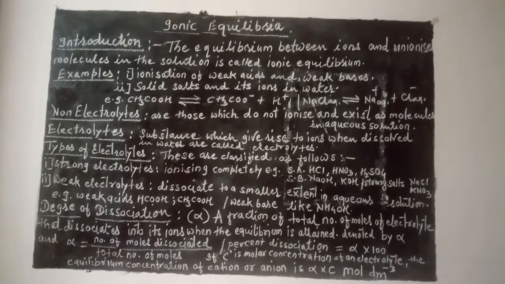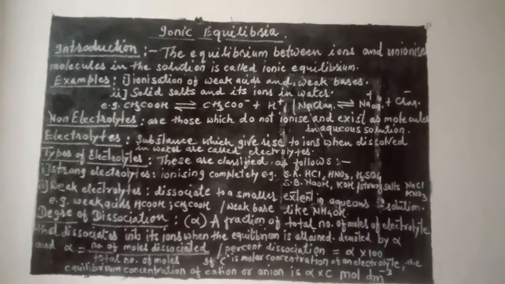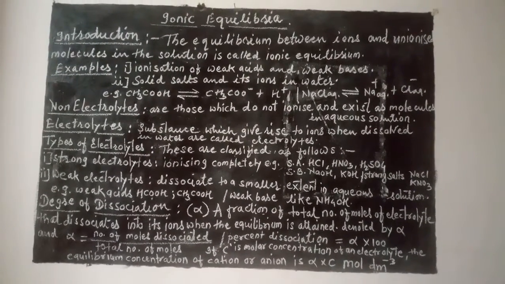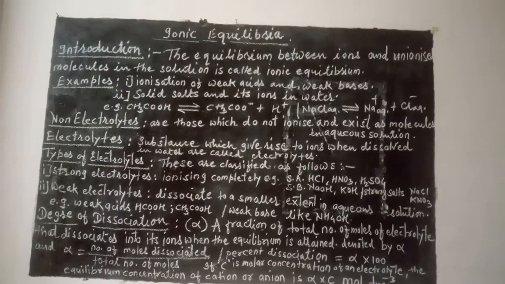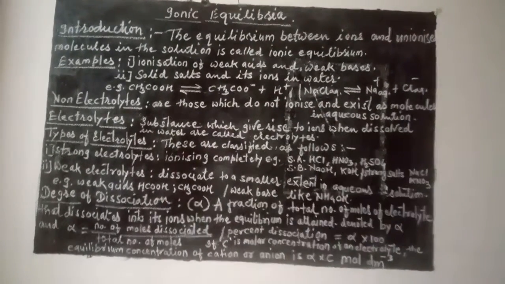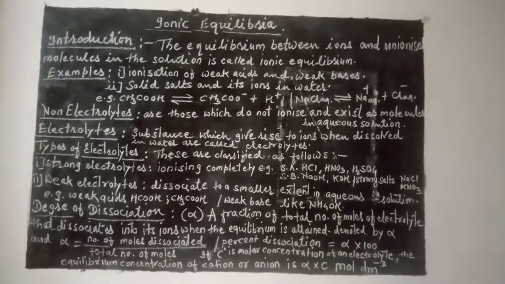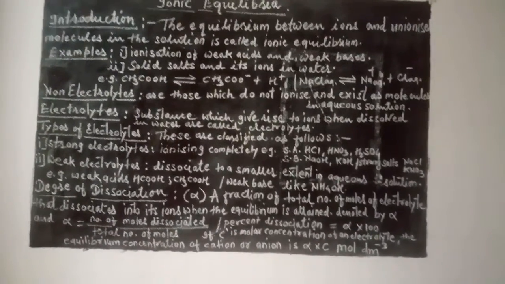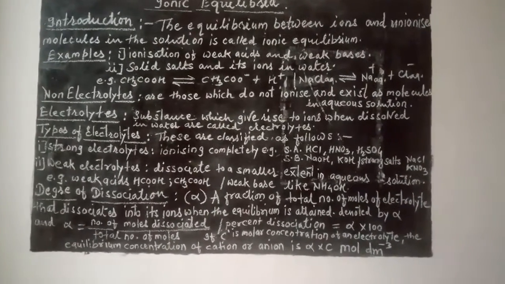That means CH3COOH gives CH3COO minus and H plus. So the remaining 800 molecules are CH3COOH acetic acid molecules in water. That means they are unionized. Such types of electrolytes are known as weak electrolytes.